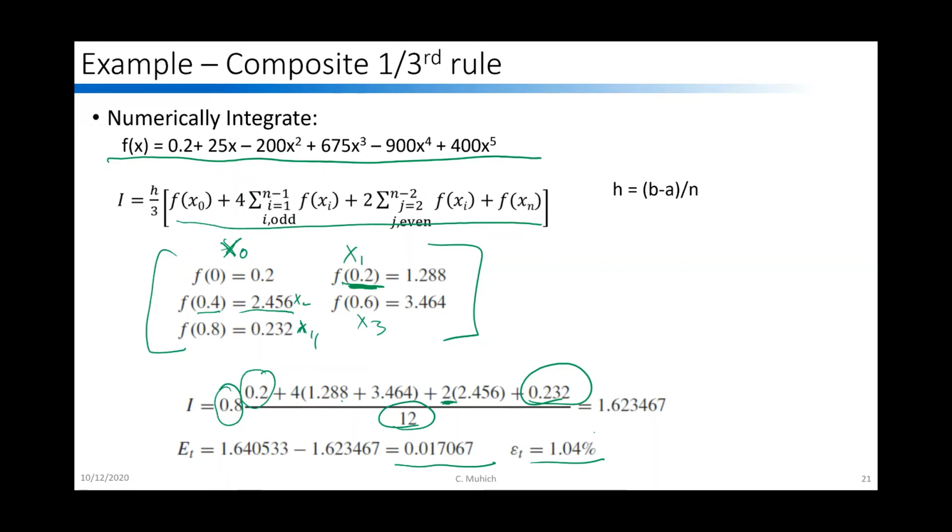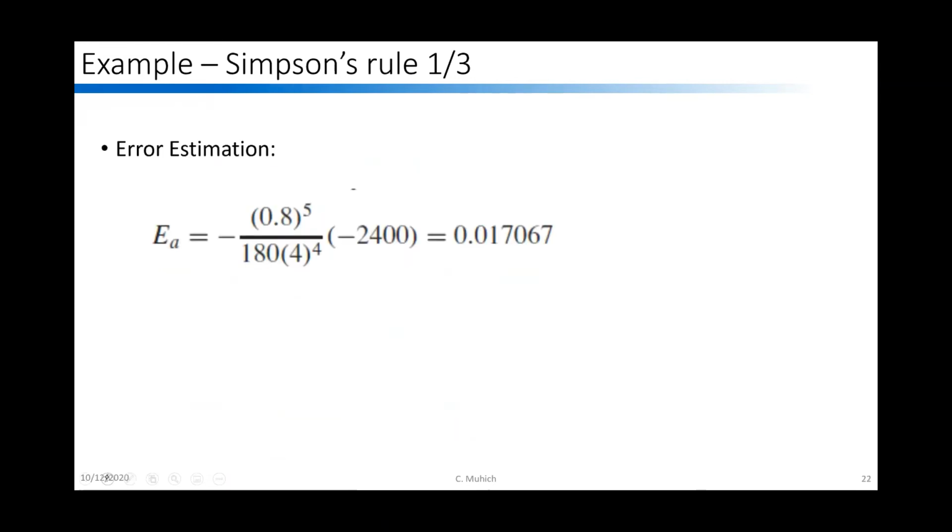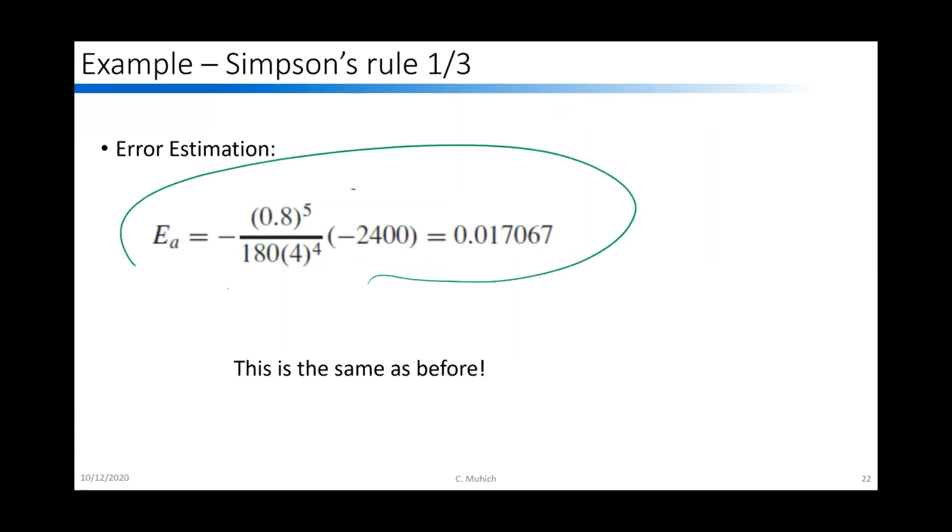So we can see that by moving from trapezoid to Simpson's 1/3 rule, we improve the error, and then as I move to a composite 1/3 rule, I improve the error even further. As before, I can now calculate my error estimation, and we find that it's getting quite low, and in fact, the same as before.